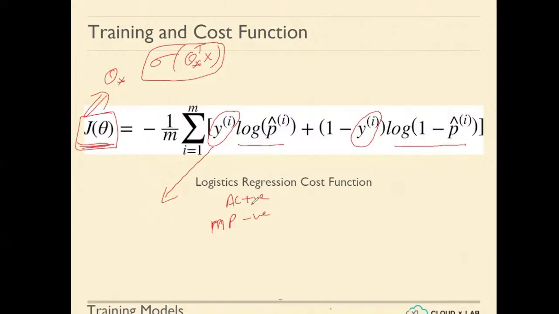So if the actual class is positive, which means y is equal to 1. And if the model is predicting negative with very high confidence, this p hat must be less than 0.5, right? So assume p hat is equal to 0 for the sake of simplicity. Because if the model is predicting negative, the output probability has to be less than 0.5, and in this extreme case it can be 0.